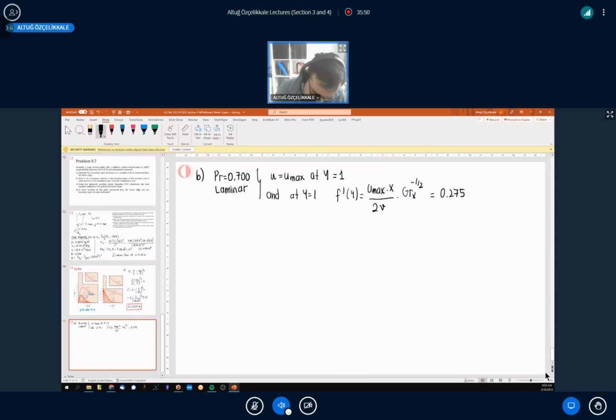Based on that, we can solve for u max and calculate it as 0.275 times 2 times 2.92 times 10 to the power minus 6 times 1.051 times 10 to the power 8 raised to the power 1/2, divided by 0.25 because of x.